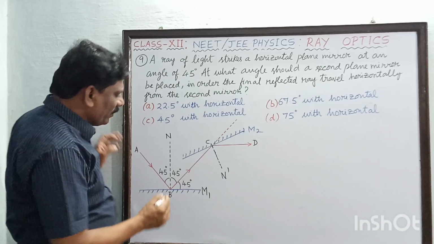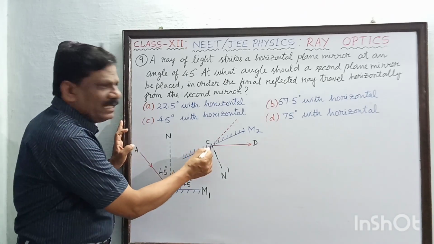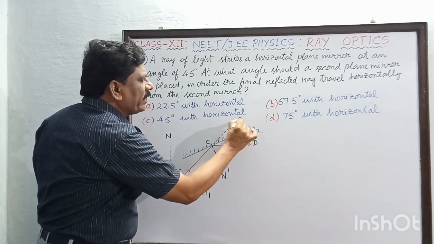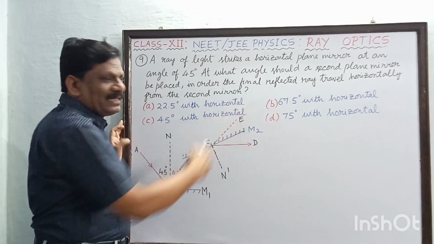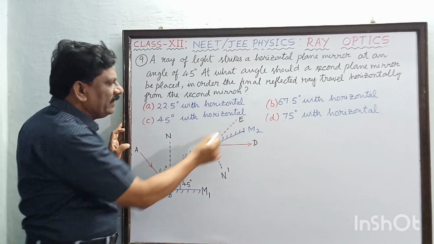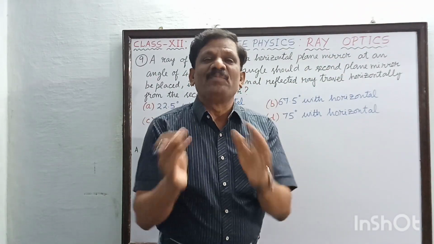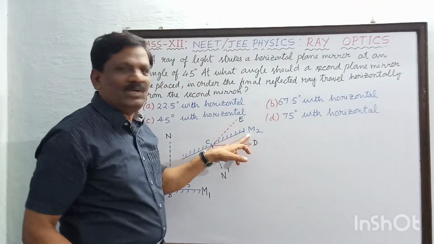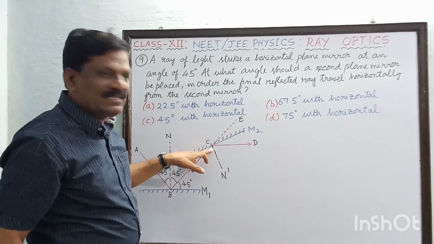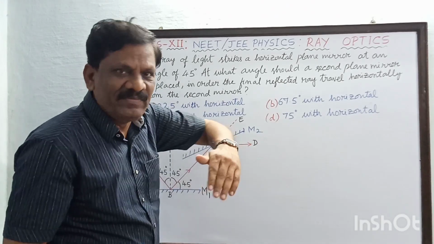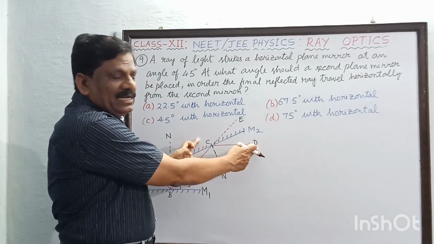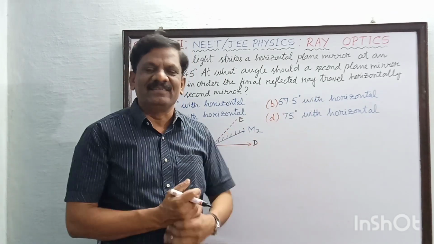The light should have traveled from B to C, then C to E. For example, I will take this path as CE. So B, C, E, it should have continued the straight line path. Since I have placed the second plane mirror M2 at this point C, the light has deviated along the path CD, which is along the horizontal.